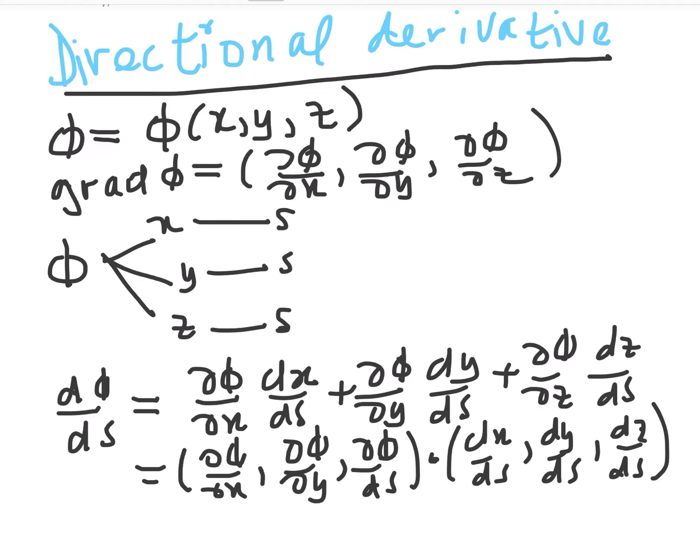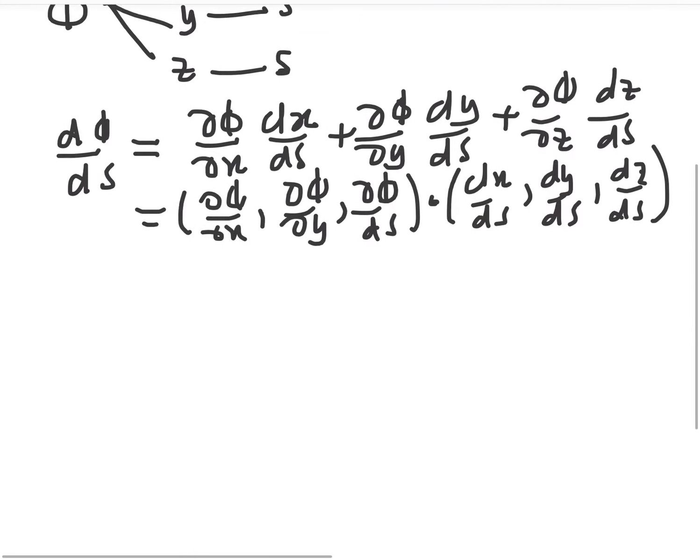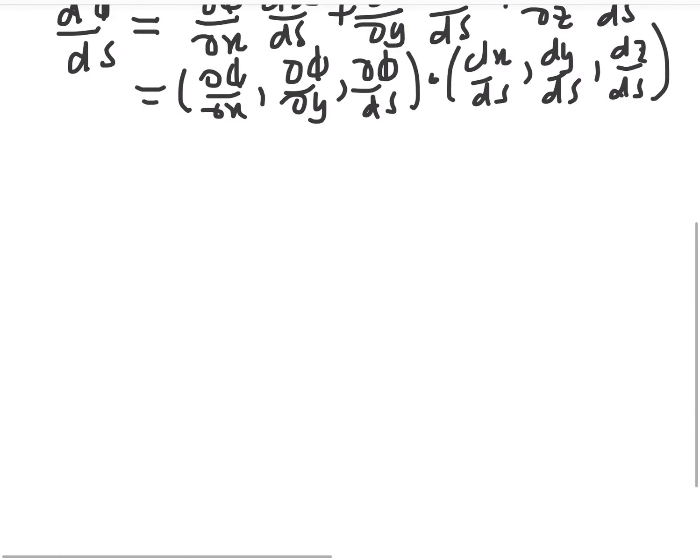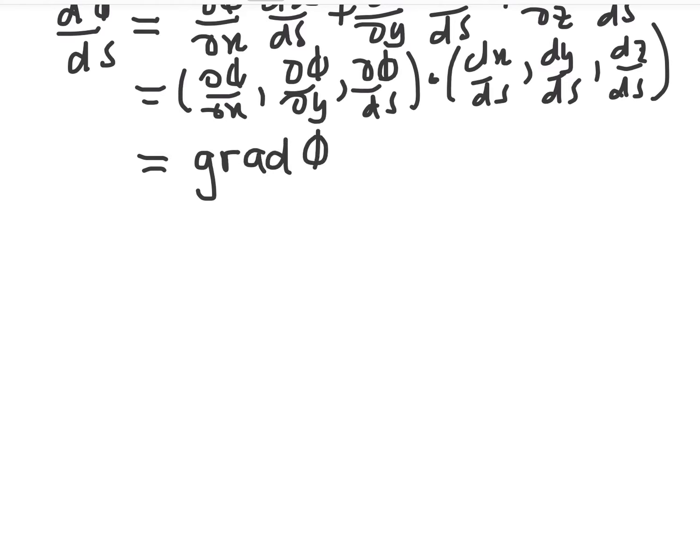If you just take the dot product, you know what that is about. You multiply the various coordinates and add those various things up. Now once we write it in this manner, it's clear that this can be written as the grad of phi, because this first vector is essentially the grad of phi, dotted with the vector dx ds, etc.